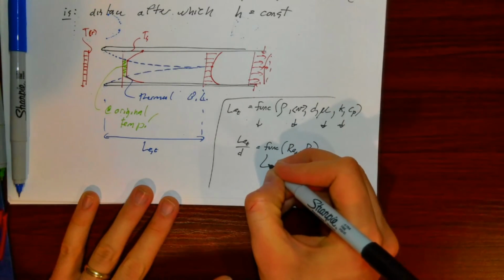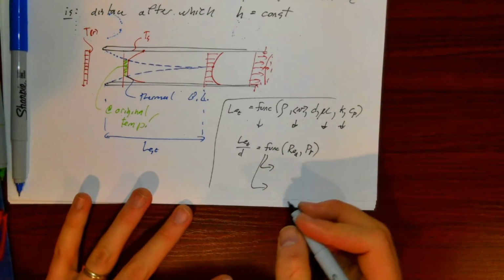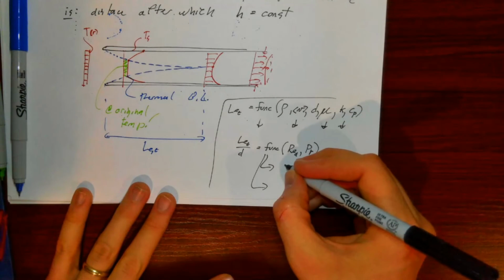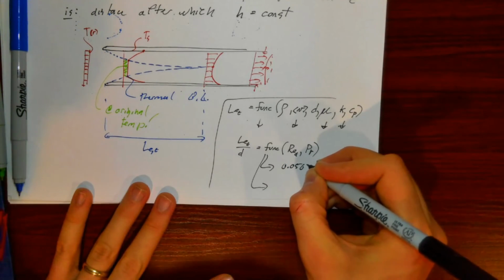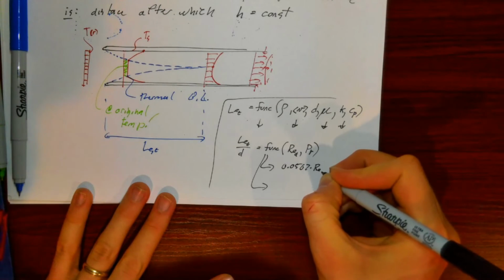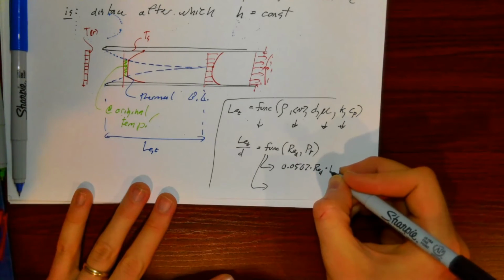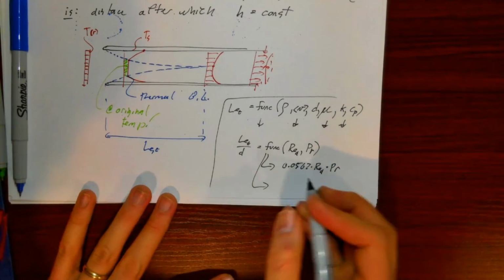So what might this function look like? Well, we break it up into two separate scenarios. 0.0567 times Reynolds number, and this looks pretty familiar, not just times Reynolds number for the thermal entrance length, but also times Prandtl number.